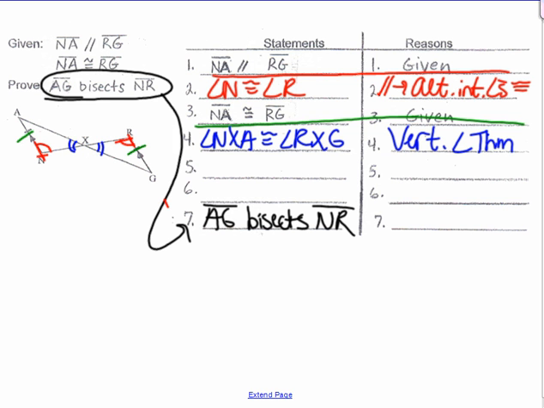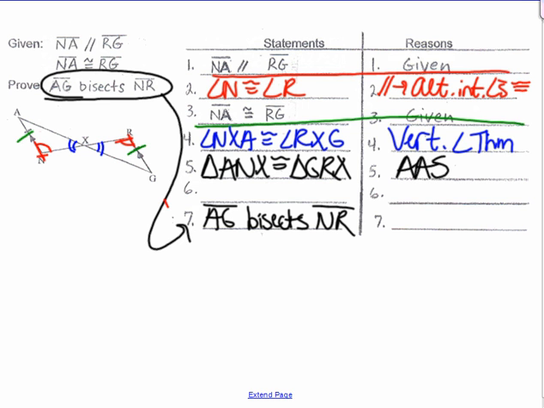So now I can say my triangles are congruent. So I'm going to say triangle ANX is congruent to triangle, so I went nothing, red, blue. So I'm going to go nothing, red, blue. So GRX. And from the markings, I have two angles and a side. The side's not included. So this is going to be angle, angle, side.